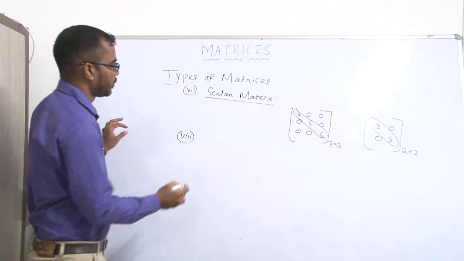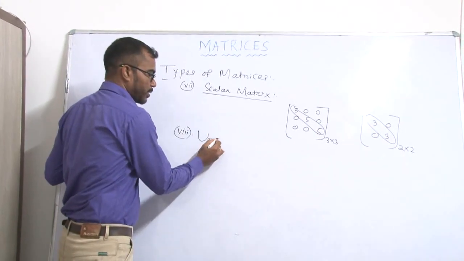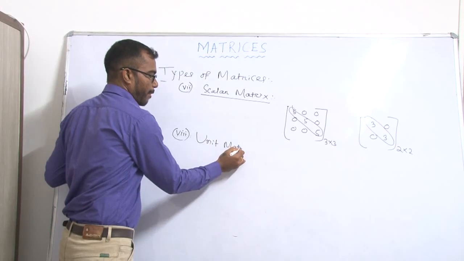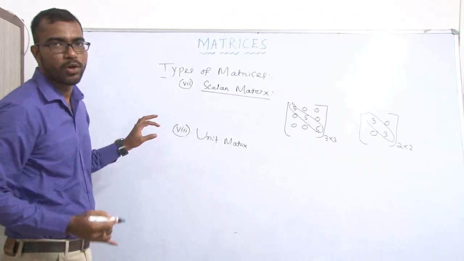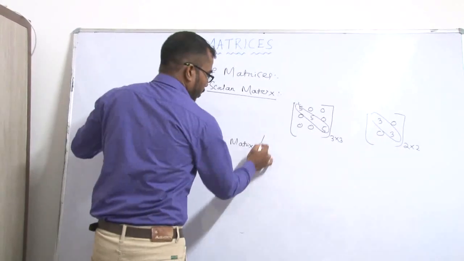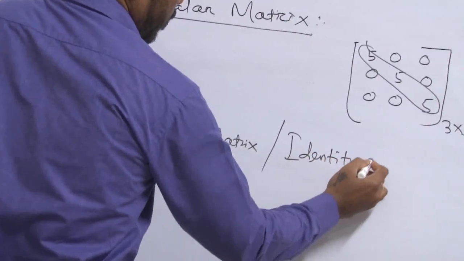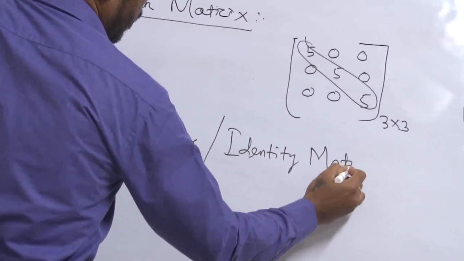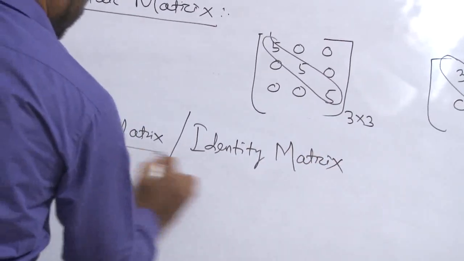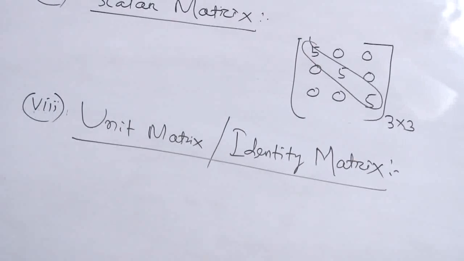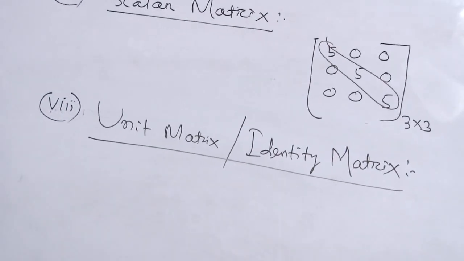Next, eighth point, unit matrix, or we can say identity matrix.